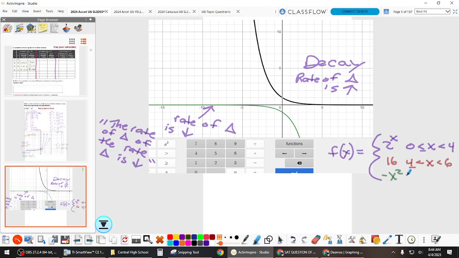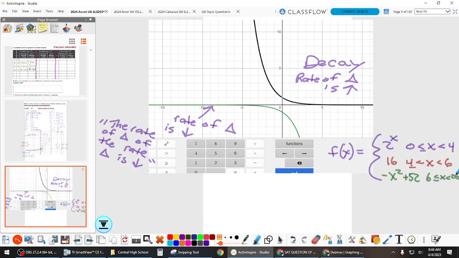And then if we wanted it to connect, we'd have to make sure that at 6, negative x squared would be negative 36, so we'd have to add 36 plus 16 is 52, so we would have this be plus 52, from 6, and then we could just have that go forever after that, okay?